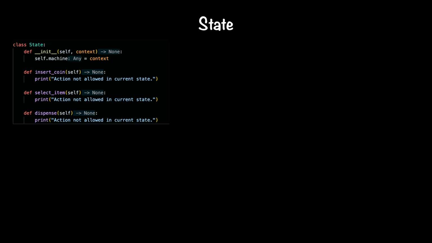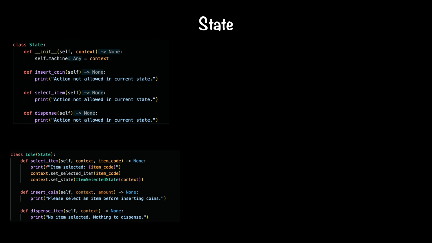Let's look into the state implementation. We have the state class. This is our class where we have three methods. These are the three operations on the vending machine. This particular class will act as a layer of abstraction between the context and the concrete states.